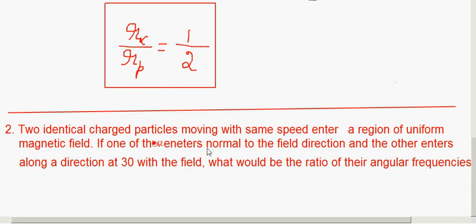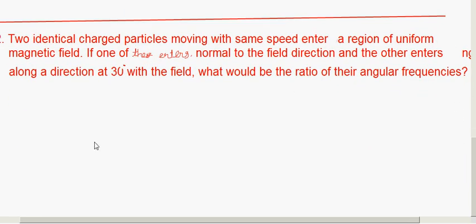If one of these enters normal to the field direction and the other enters along a direction at 30 degrees with the field, what would be the ratio of their angular frequencies?